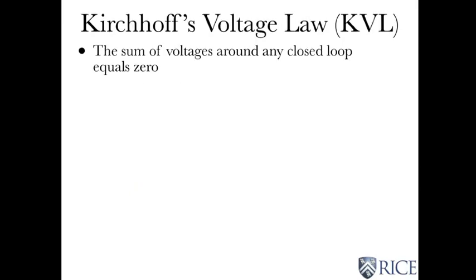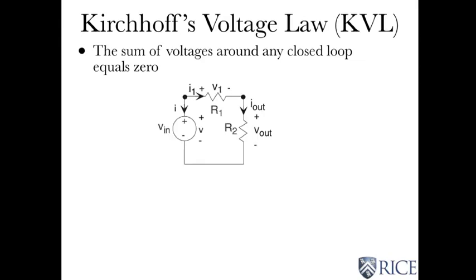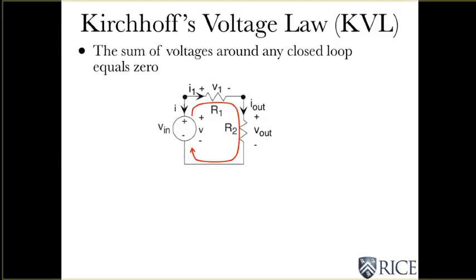So Kirchhoff's voltage law is that the sum of voltages around any closed loop in a circuit must add up to 0. So here's our circuit, and we have 3 voltages here that are defined. And what we're going to do is go around a little loop. And the way you do that is if we define we're going around the loop clockwise, that's what the graphic says, we're going to take the voltage signs according to whether it goes plus to minus.